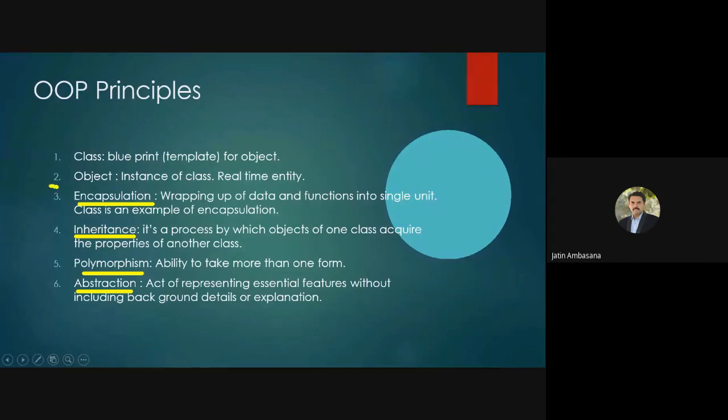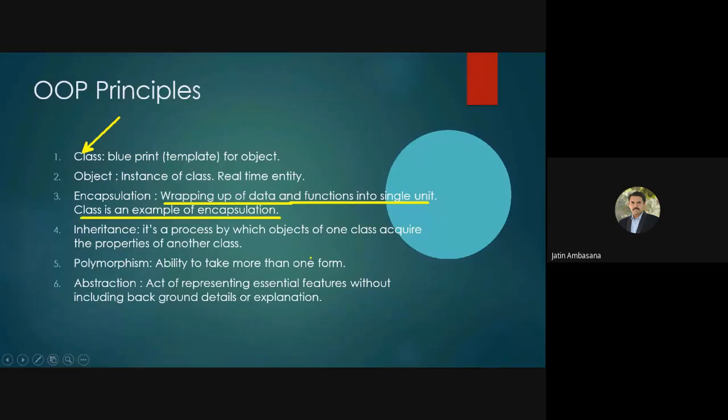These four can also be called the pillars of object-oriented programming. Encapsulation is wrapping up of data, or we can also say data hiding. Data and functions are wrapped into a single unit, that is a class. A class is the best example of encapsulation.